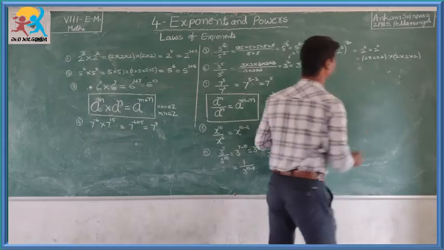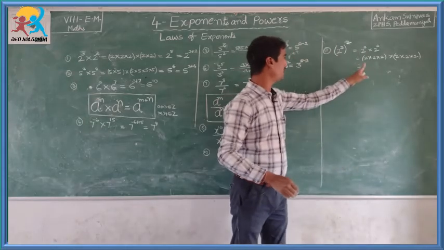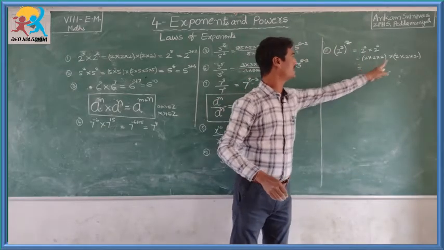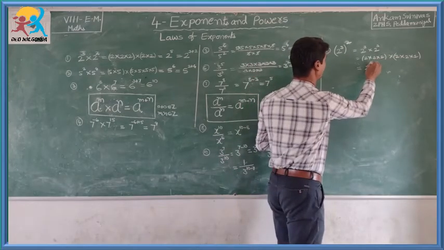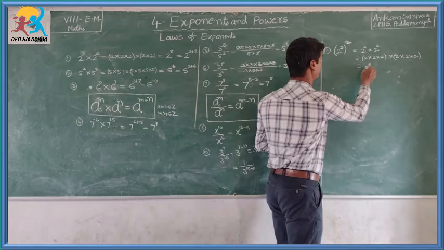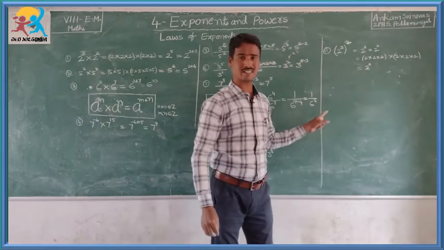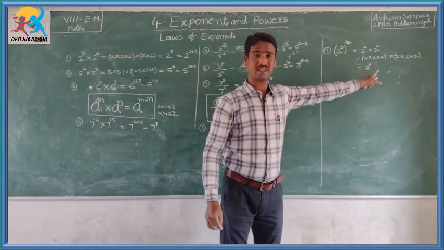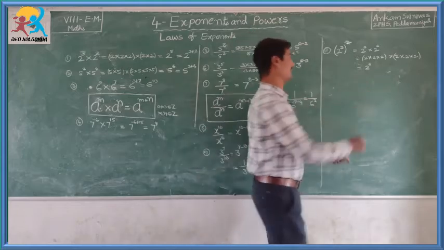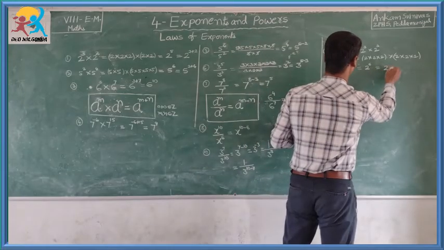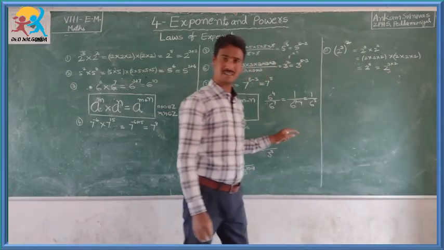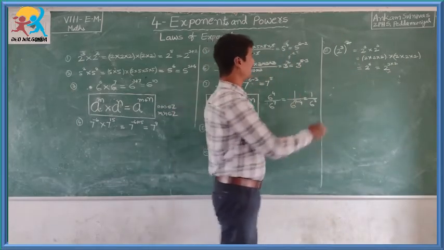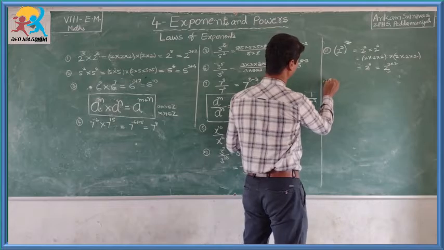So finally 2 multiplied by itself 6 times. So it can be written as 2 power 6. In this exponent 6, I am going to write 2 power 3 into 2. Is it right? Yes.